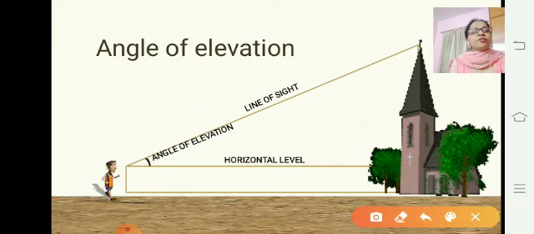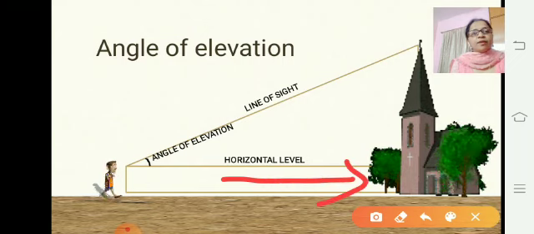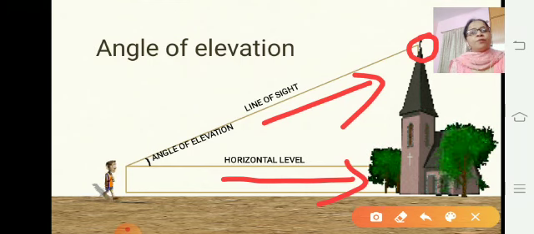When he is looking straight at the church, it is the horizontal level at which he is looking. And when he wants to look up at the top of the church, he has to shift his vision and this becomes the line of sight. So the angle formed by the horizontal line and the line of sight is the angle of elevation.